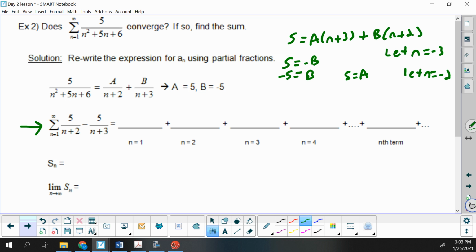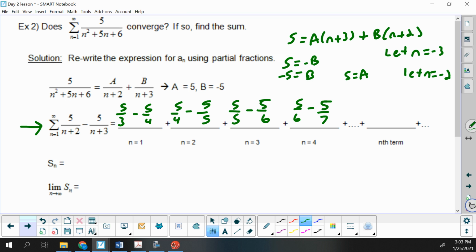Well, now if we sub in, again, that's n equals 1, not n minus 1 under the summation. We're going to end up with 5 thirds minus 5 fourths. Then when we sub in 2, we're going to have 5 fourths minus, and I'm going to write it as 5 fifths just to keep the pattern going. Then we'll have 5 fifths minus 5 sixths. Then we'll have 5 sixths minus 5 sevenths.